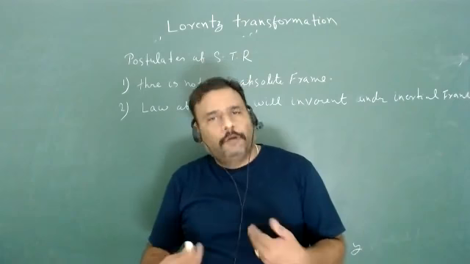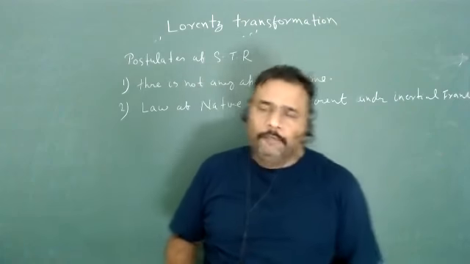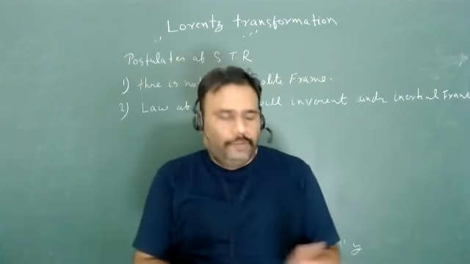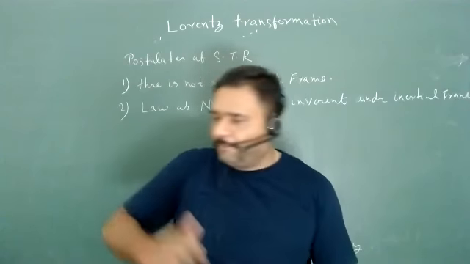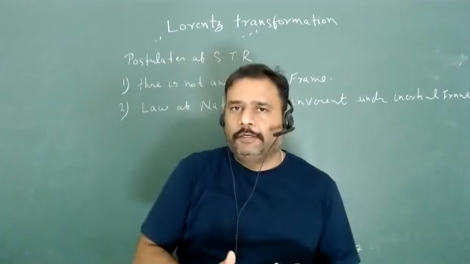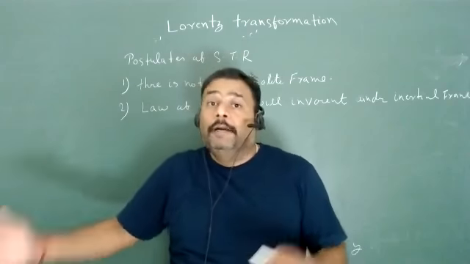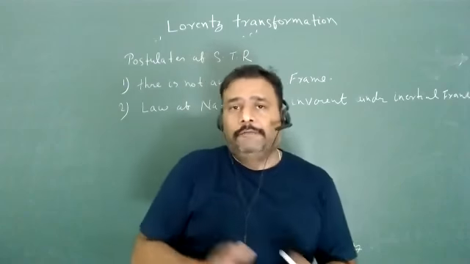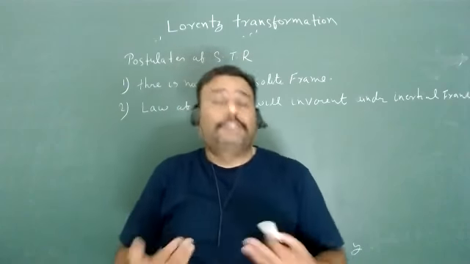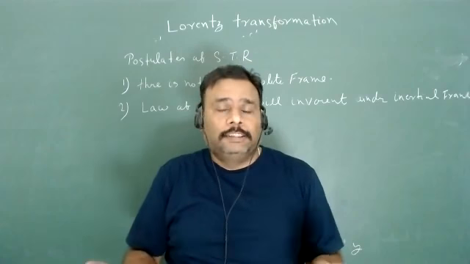Suppose we have a collision problem where in one frame we have conservation of momentum. If we are watching the same event from another frame, maybe the value of momentum before collision and the value of momentum after collision of the system is going to change.